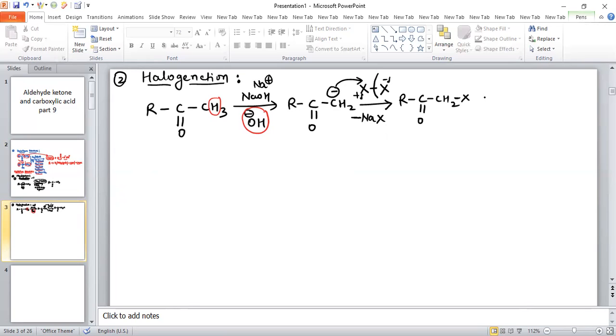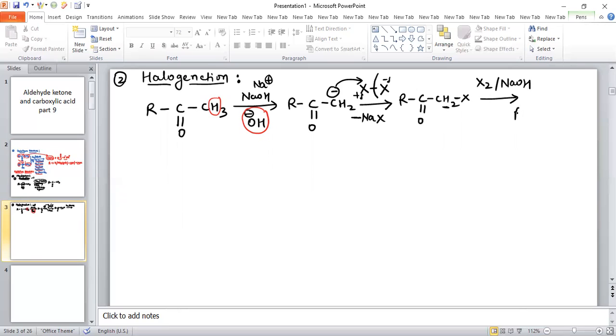Now see again. In the next step, when we add NaOH, again one hydrogen will be removed and this will again attack on X2. So I am adding both reagents in a single step. Now again one hydrogen will be removed and one halogen will be added.